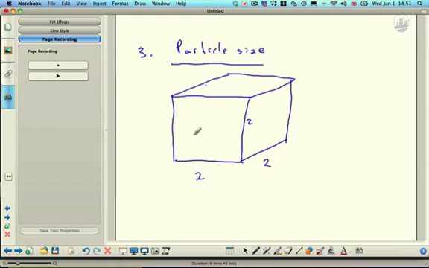So, each square here has a surface area of 2 by 2, 4 cm squared. Now, hopefully you can therefore see there's 6 sides to a cube, so the total surface area here is 6 times 4, which is 24 cm squared.